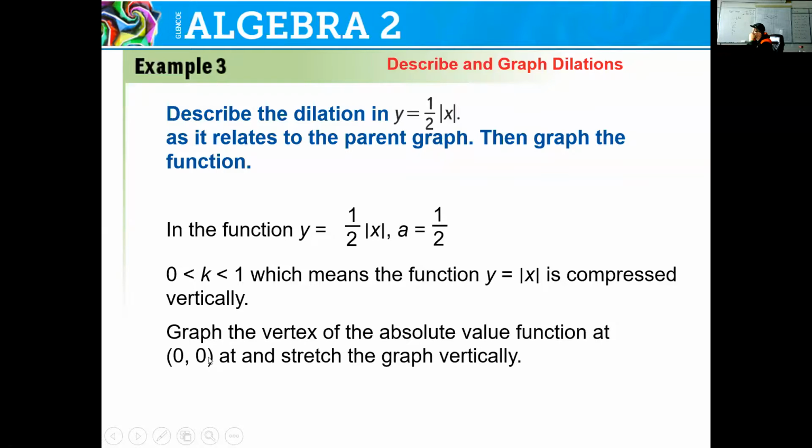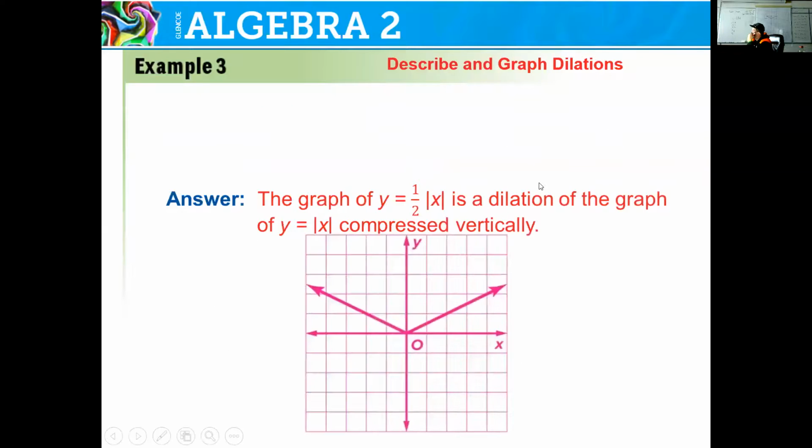So we graph the vertex and the absolute value function, and that's a misprint. That should say compress the graph vertically instead of stretch. We'd only stretch it if the absolute value of a is greater than 1. So you can see it's been compressed vertically. 0, 0 still is the vertex.